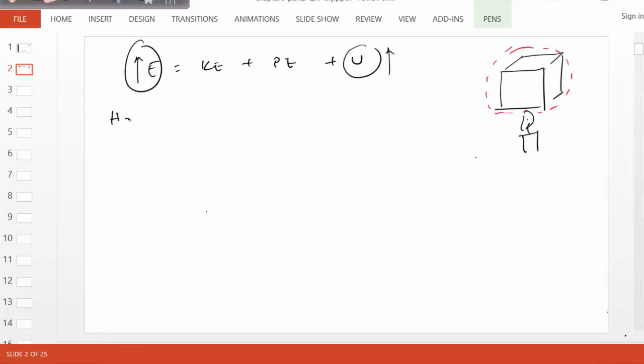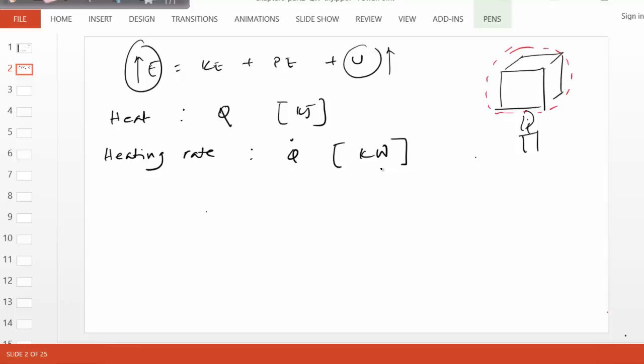So what is heat? It's represented by the symbol Q, measured in kilojoule, or the heating rate. We'll still call it just heat, Q dot, which will be in kilowatt. Kilojoule per second, which is kilowatt, is what?